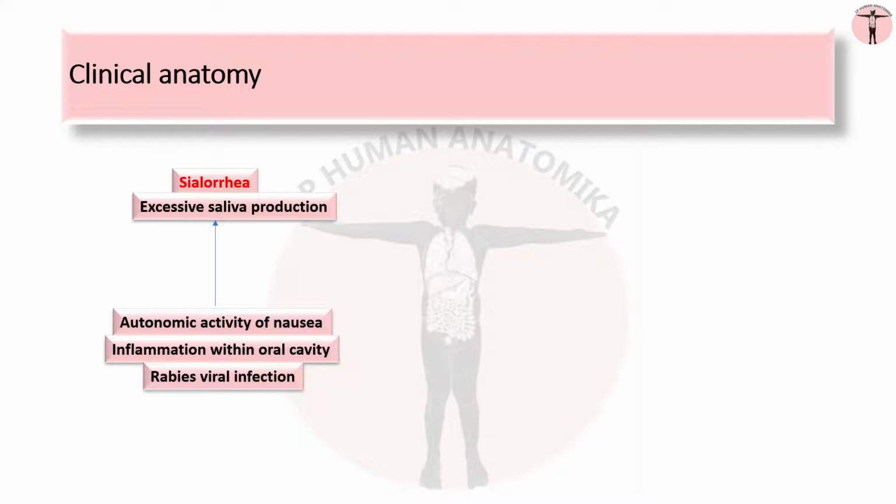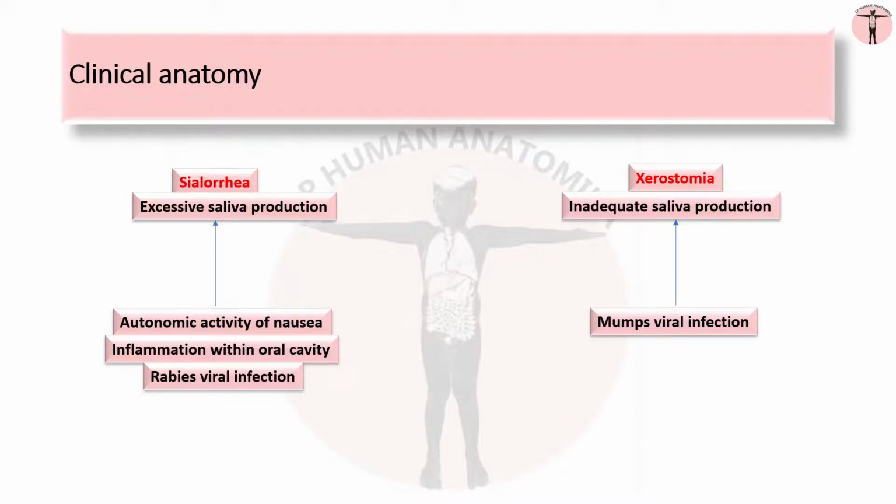The second clinical condition which can be observed in salivary glands is xerostomia, which is inadequate salivary production leading to dry mouth. It can be caused by various factors affecting the major salivary glands such as mumps, viral infection, radiation of glands, or the normal side effect of drugs such as antihistamines.